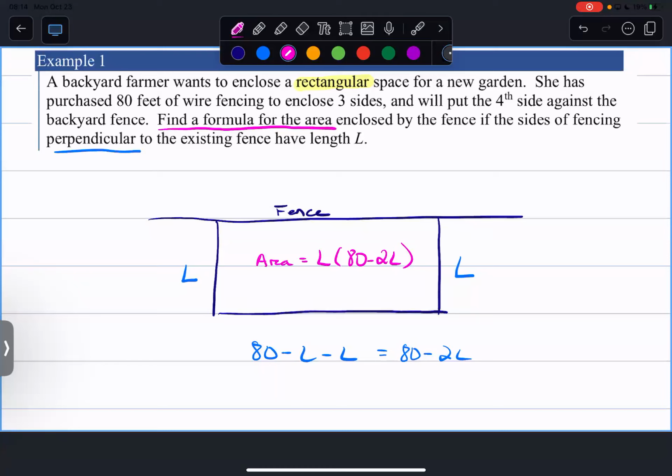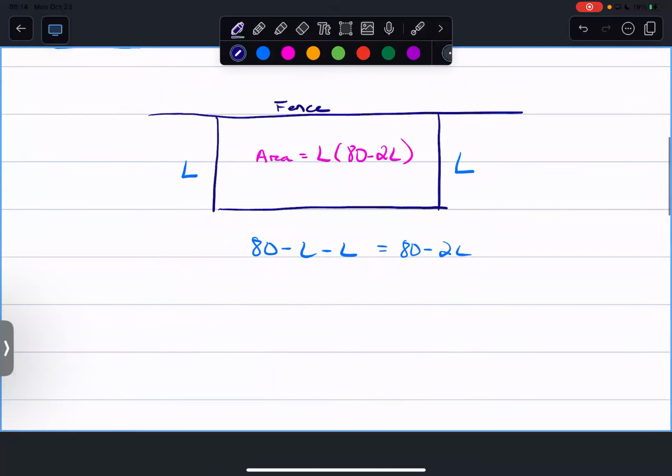I see it now. Why is this a quadratic? If I expand this out, I'm going to have L squared, right? And so what can we do? We can write the area is L times 80 minus 2L.